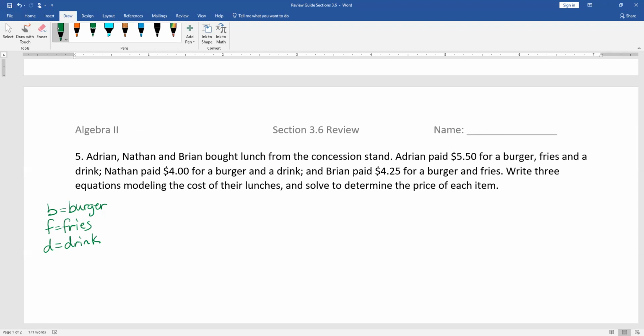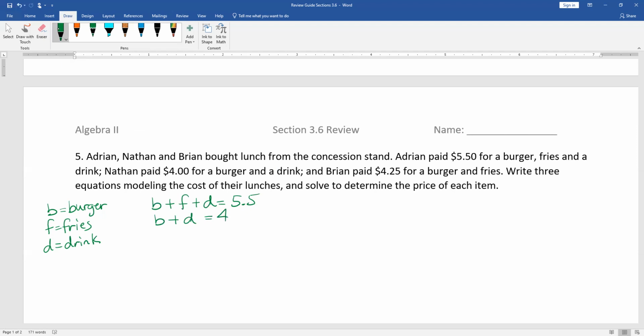So first off, based on what Adrian bought, the price of a burger plus the price of fries plus the price of a drink equals $5.50. Based on what Nathan bought, a burger and a drink is equal to $4.